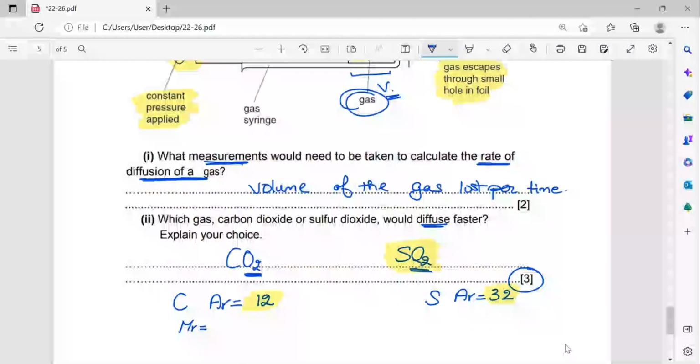Because the carbon dioxide has a lower relative molecular mass than the sulfur dioxide. In other words, CO2 is lighter, so it will diffuse faster.